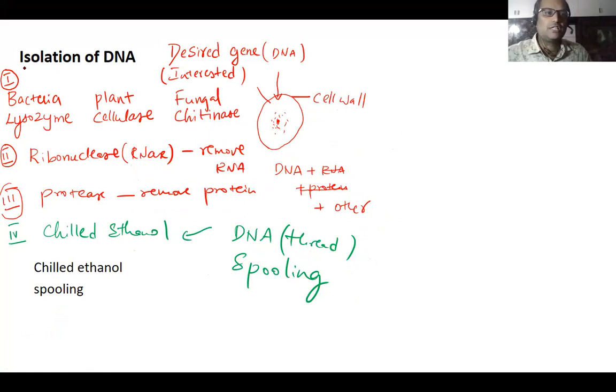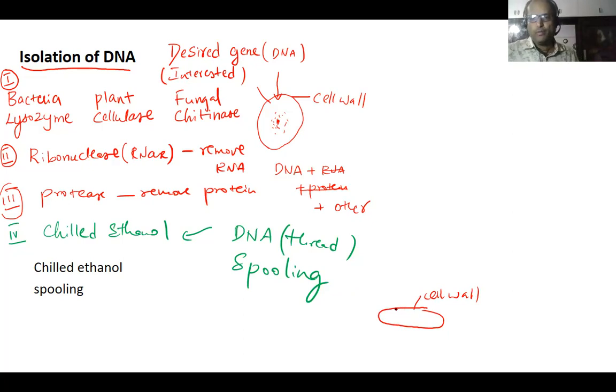Even when we come to the isolation of DNA, students, suppose we have selected a bacteria. The interested gene is from the bacteria. Now, the bacteria has a cell wall. Suppose a rod-shaped bacteria, when I draw it, there will be a toughest kind of rough material called a cell wall. Inside the cell wall, in the cytoplasm, we have a nucleoid.